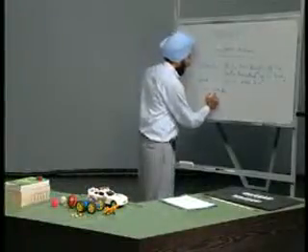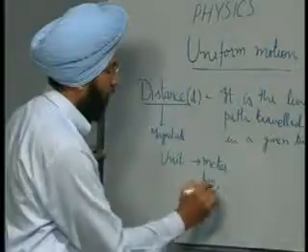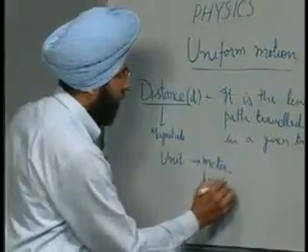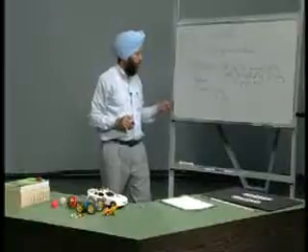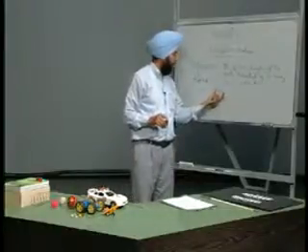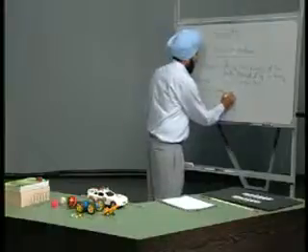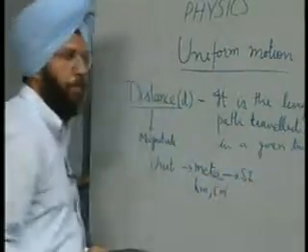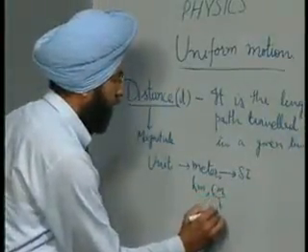Other units are kilometer, a bigger unit, and centimeter, a smaller unit. Meter is a unit of the SI system or MKS system. Centimeter is under the CGS system.